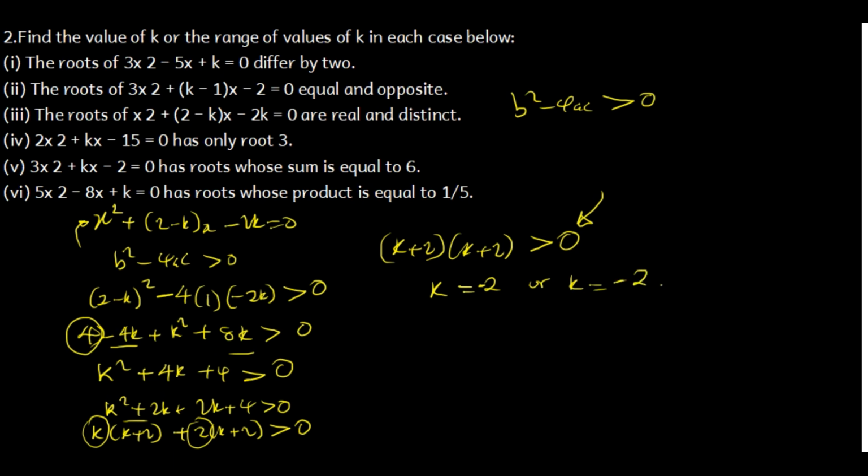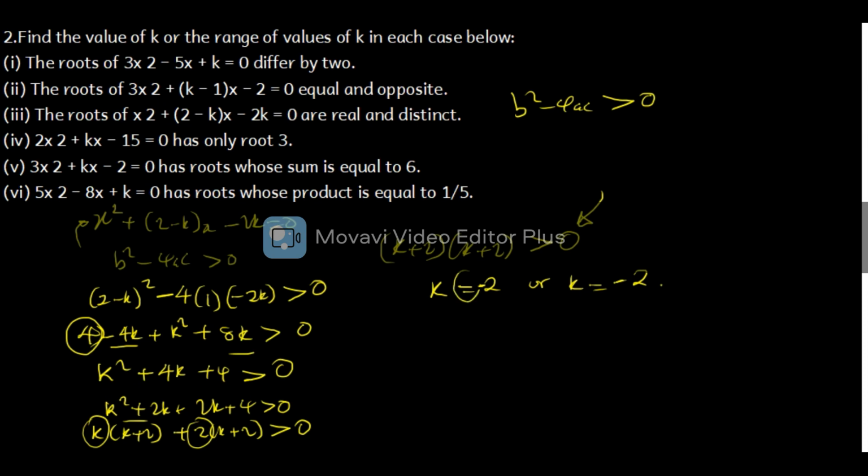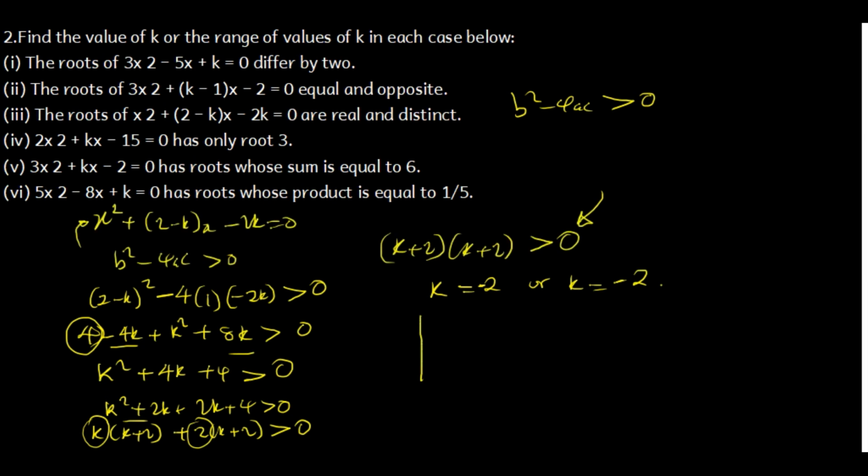Now we found these two values as the values of k. So what are we going to do? Because we don't want to find the value as equal to, this is greater than, and we don't need an equal to. So we are going to get a number line and put the values that we have found. But notice that even if they look like two values, this is simply one value, that's just negative 2.